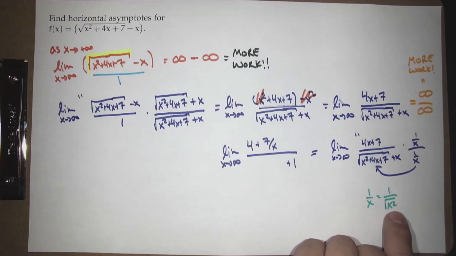So we want x to be a big positive number. So if I take x to be a big positive number and I square and square root it, I get back x. But what if I were going to a big negative number? Just theoretically. Would this be true if I were heading towards negative infinity? No. What would you have to do to fix it? You'd have to throw in a negative sign.